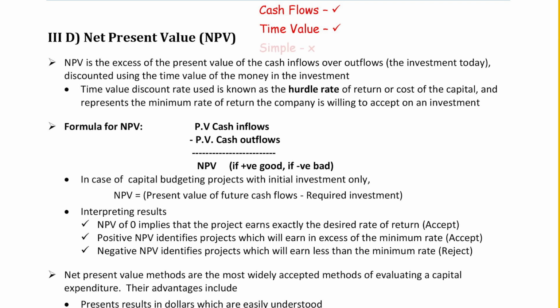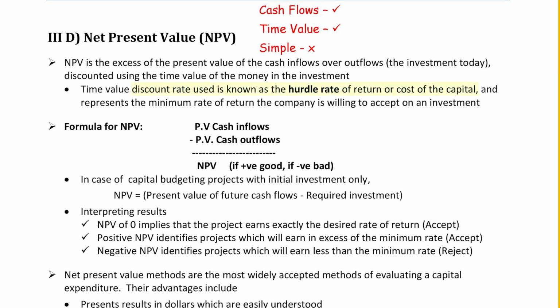Right, simple, and you can put a cross because this method is a little more complicated than the payback period or the accounting rate of return. Now, NPV is the excess of the present value of the cash inflows over outflows, which is discounted using the time value of money.